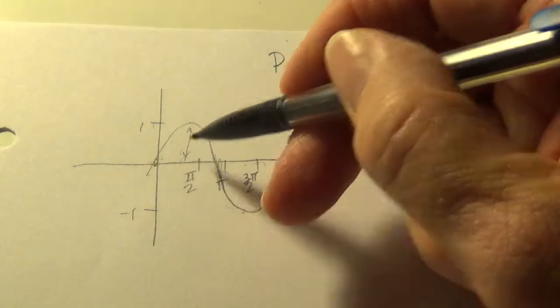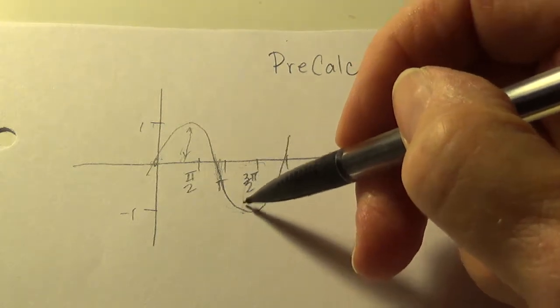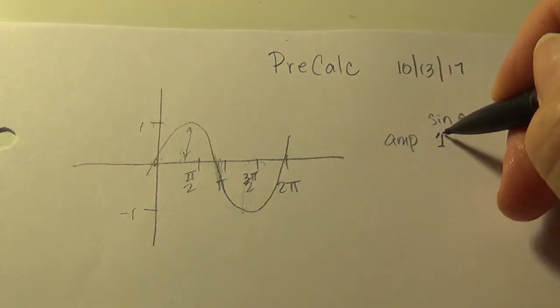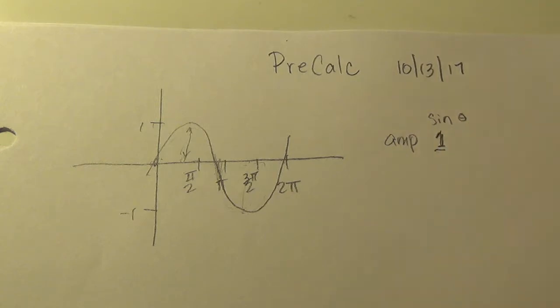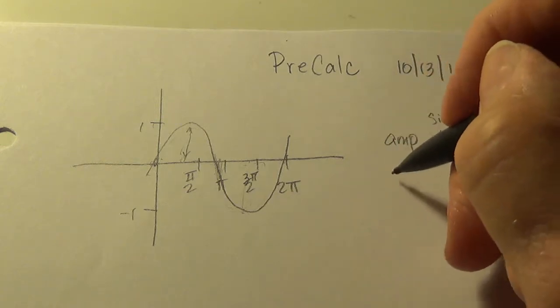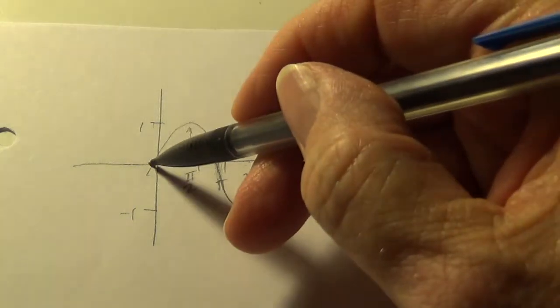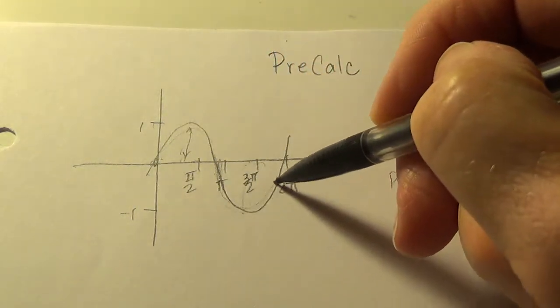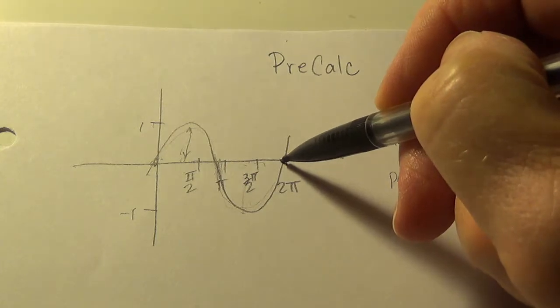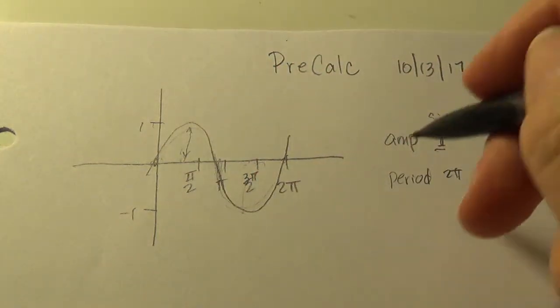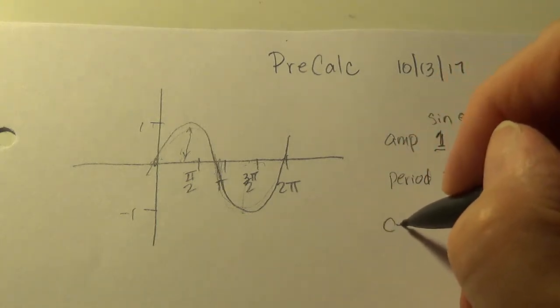That distance, you could also look at it as this distance, although we want the positive number. So the amplitude for the sine curve is 1. The period: how far before it starts repeating itself? One mountain, one valley, and it's about to repeat itself. That took place in 2 pi radians. That's the period.